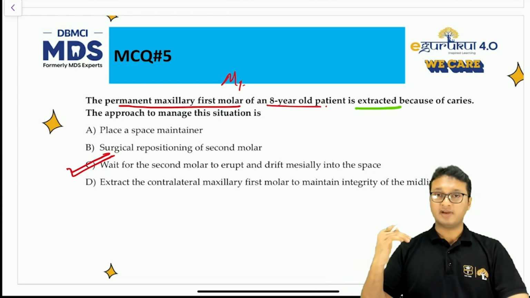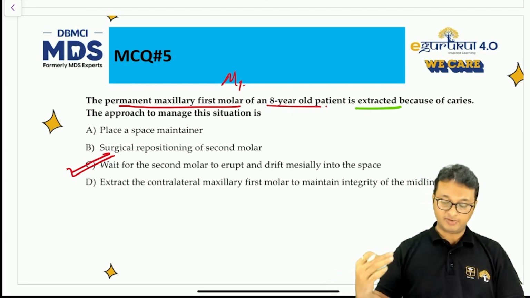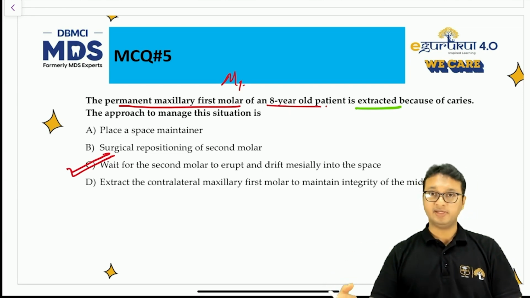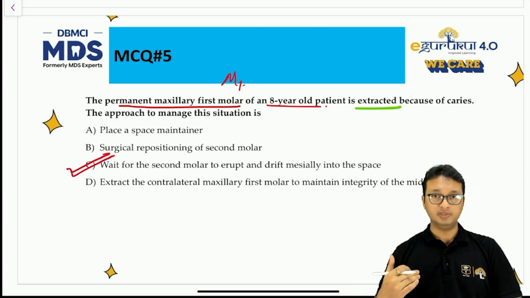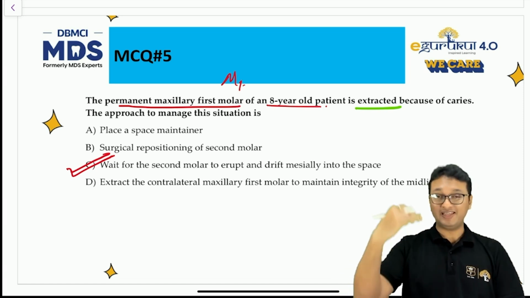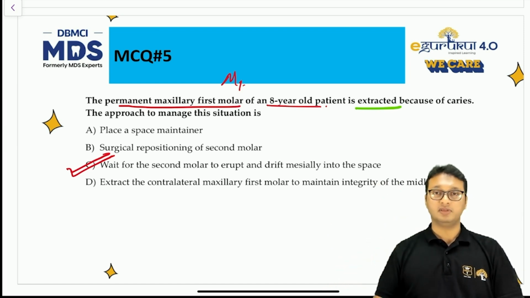If you extract the first molar prematurely for whatever reason, we can wait for the second molar to erupt and drift mesially into the space, so that the second molar can be converted into the first molar, and the third molar, which will develop even later, can erupt into the place of the second molar. That is not going to disturb the occlusion of the patient.